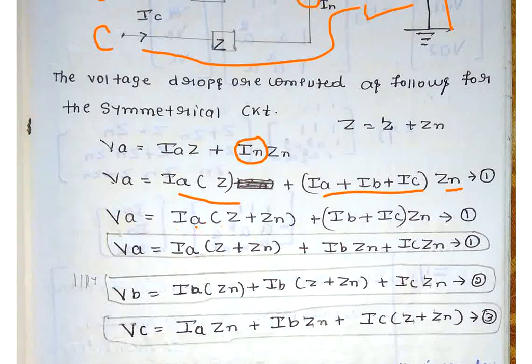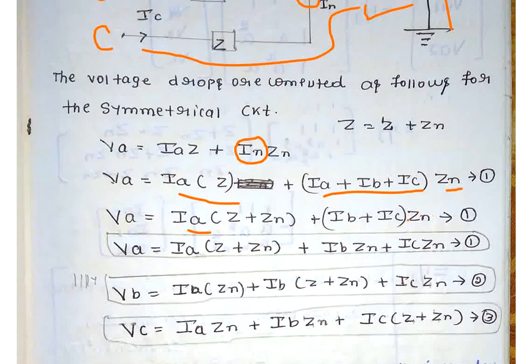Now what will happen? Multiplying, you get IA into Zn plus IB into Zn plus IC into Zn, and here IA into Z. Take IA common, so you get IA into Z plus Zn, and take Zn common for IB plus IC.